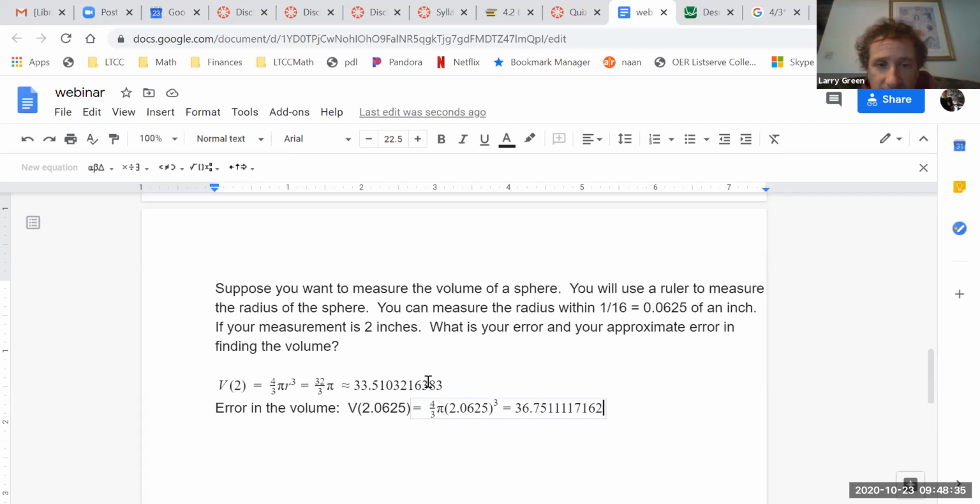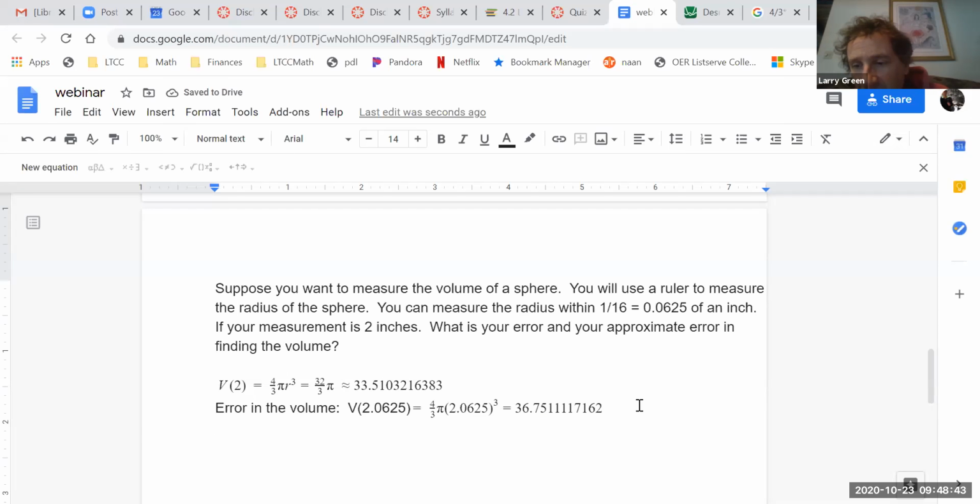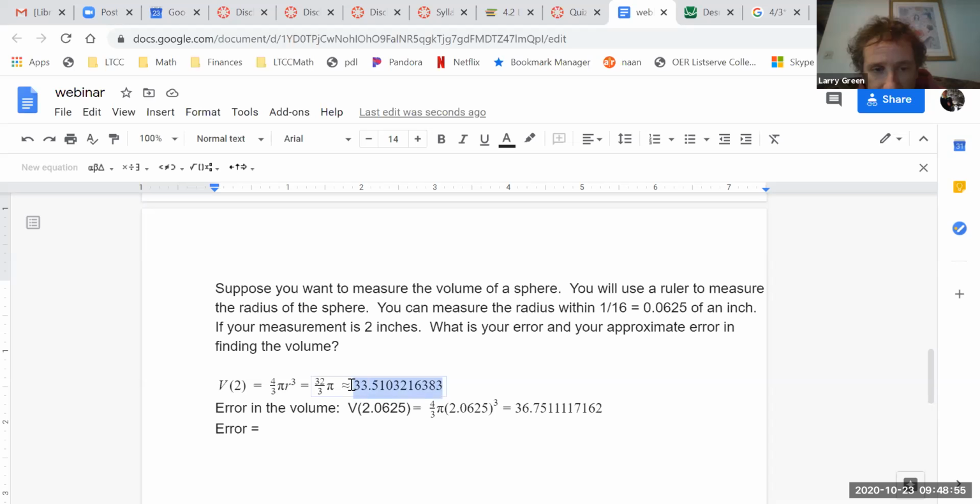36.751111, etc. Okay, so now what we can do is we can say, well, what is the error? And I'm going to do the high side of the error. You can do the low side the same way, but I don't want to waste your time. So the error now, and this is a true error, is going to be this 36.75 bunch of ones minus the 33.